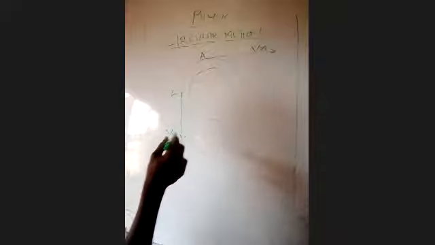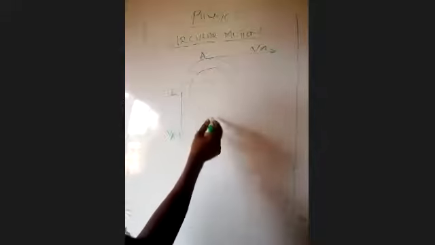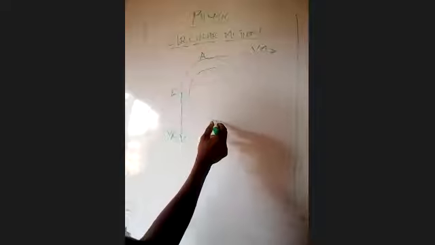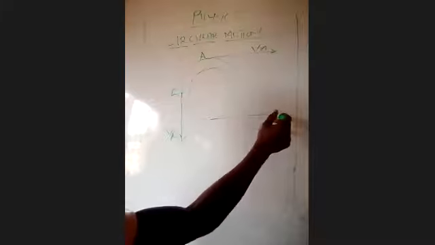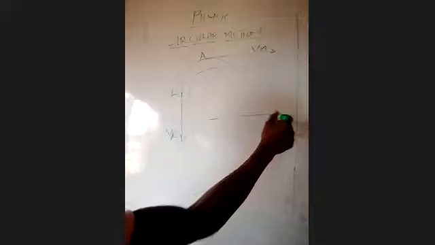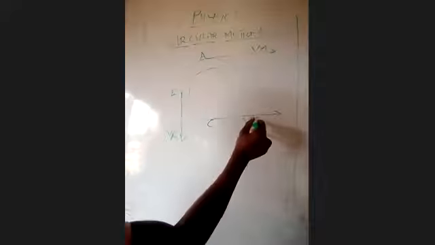So the velocity of the body. This is A, B, C. Just take it this way. This is C, and the velocity of C.